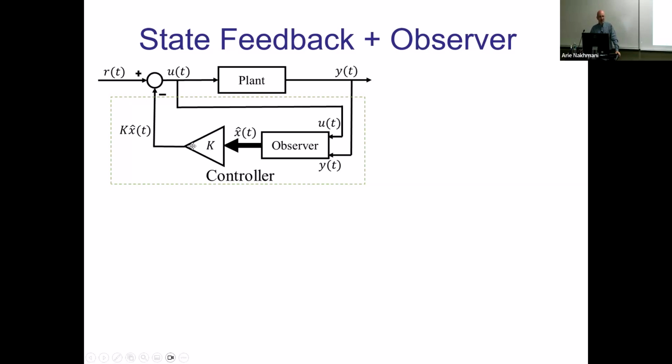So you start and say, oh, my x hat is converging, okay? But now you're sending the wrong signal to that thing, because it's based on an estimated wrong vector. You're multiplying it by some values k, which you designed without even thinking about what happens to the plant. And then you return it back. Why is it supposed to work even? This makes no sense.